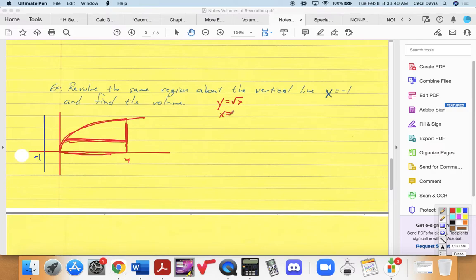Well, that means that x is equal to y squared. And where these intersect up here, when x is 4, what is y going to be? 2. y is going to be 2.